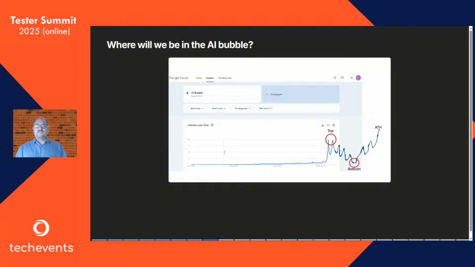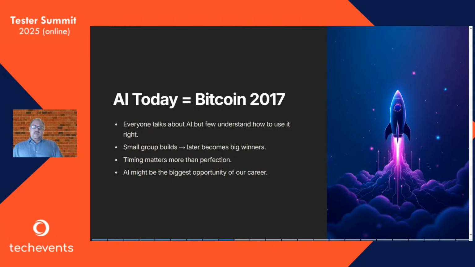And this is almost sure. So it's still not too late to learn how to use AI, how to use it in QA. Okay, but my experience and comparison is that we probably are in 2007 for the Bitcoin bubble, maybe a little bit after.